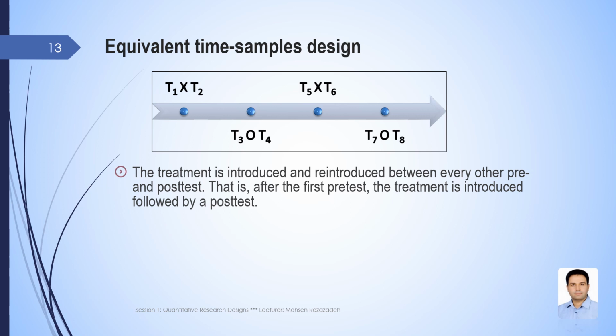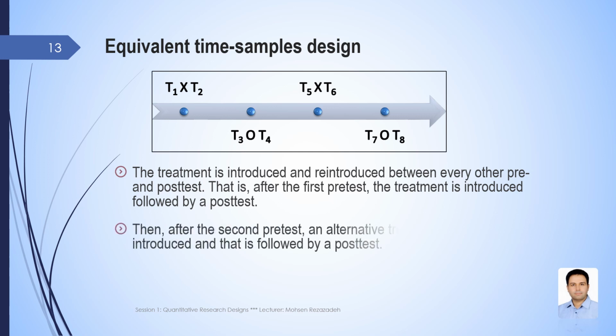And after this treatment, we have again test 2, which is the post-test. Again, in another session, first we have the pretest and we have the treatment, and afterwards we have the post-test. So that is after the first pretest the treatment is introduced, followed by the post-test.